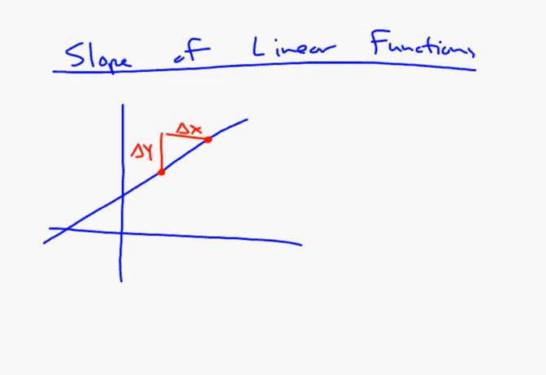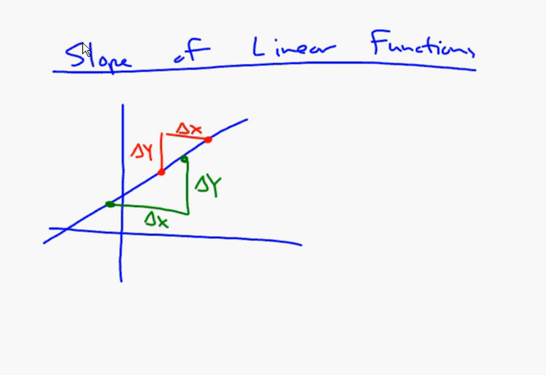Okay? And the nice part about linear functions is that if someone else comes along and picks 2 different points on the same line and then calculates the same ratio, the change in y over the change in x, they'll get the same number. Okay?